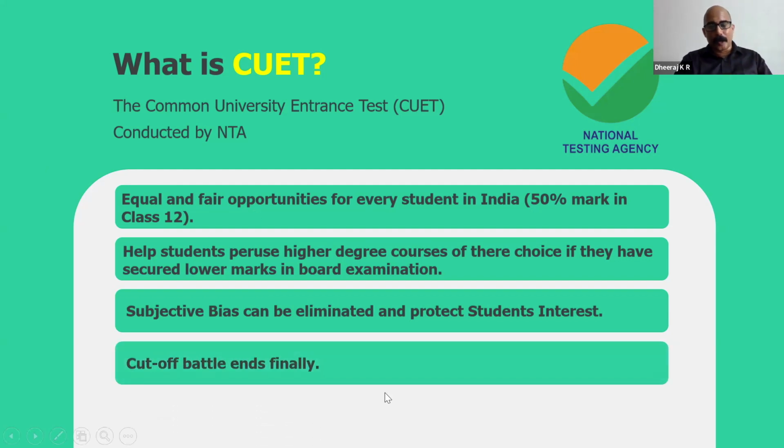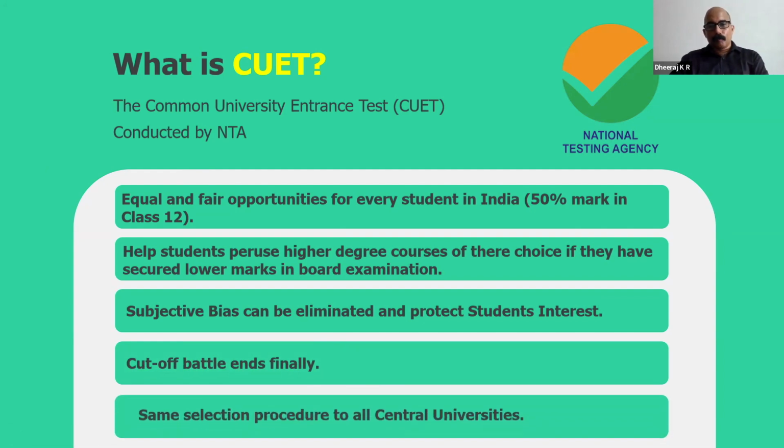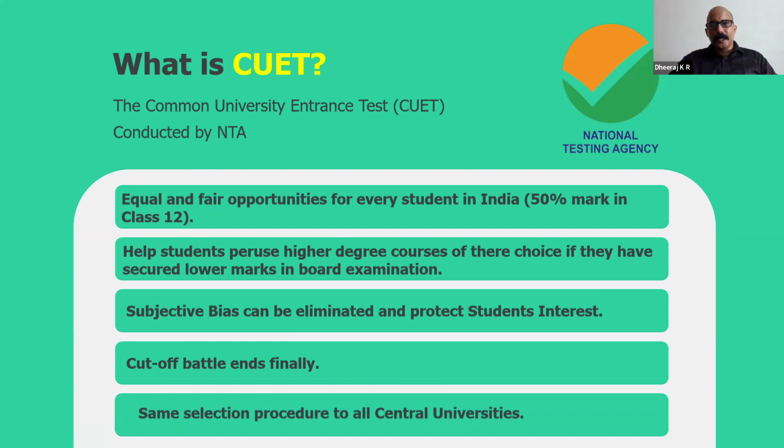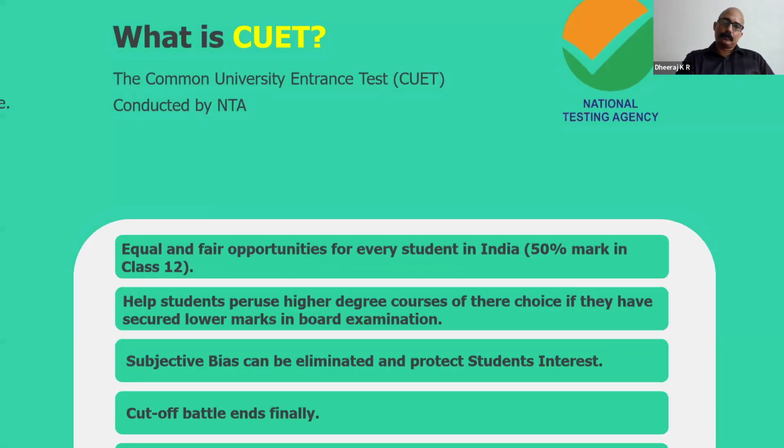That has come to an end with CUET. Now, the CUET exam has given an equal opportunity for every student. The selection process is the same for everyone. That means there is no management seat in central universities. Selection is purely based on the marks secured in the entrance exam.